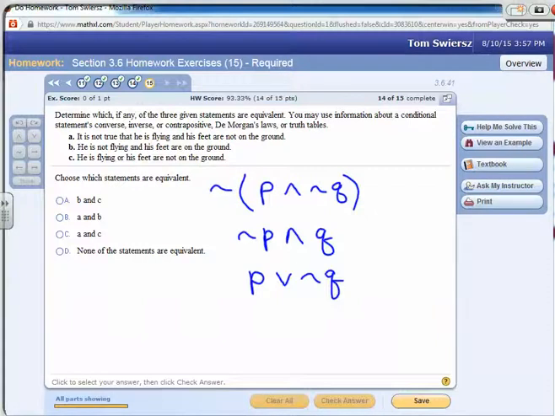Now, we can go ahead and apply De Morgan's laws on A because there's a negation out in front.